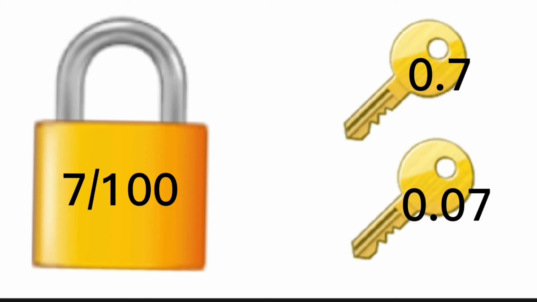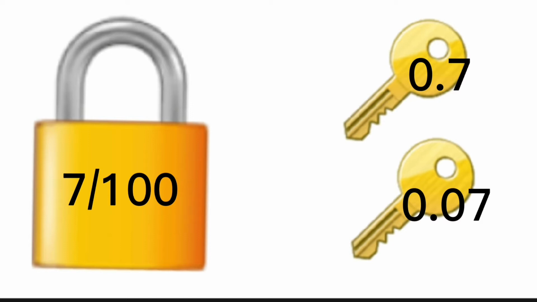Now, let us have our second lock. The second lock has a fraction of 7 over 100. Find its match by choosing between 0.7 and 0.07. So, what do you think is the answer, class? Is it the first key or the second key? Anyone?